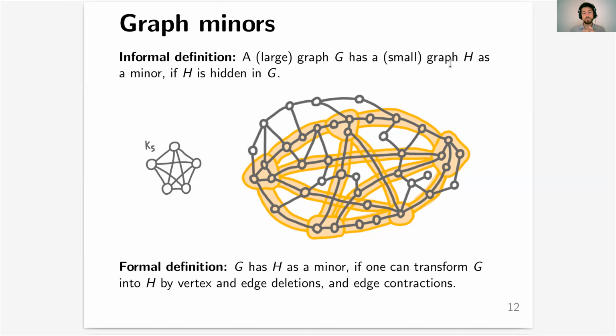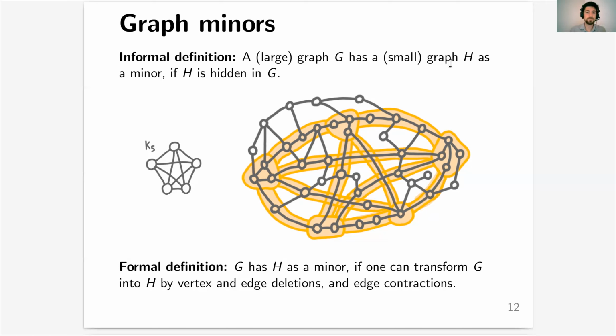So for example, here on my little sets, I can just contract them into just one node, and for every path that links these blobs, I can contract it to have just one edge. And you see that at the end, what I will get is this K5, this H that I was looking for. Okay, so this big graph has H as a minor.